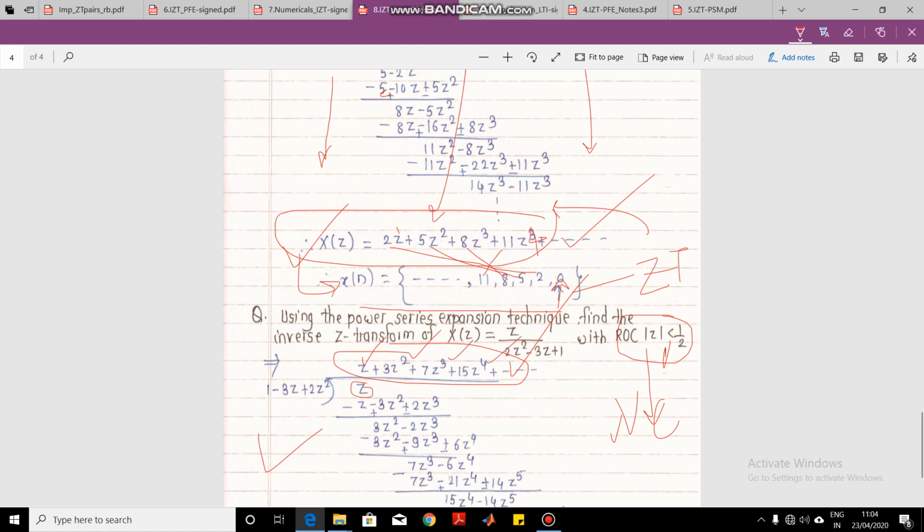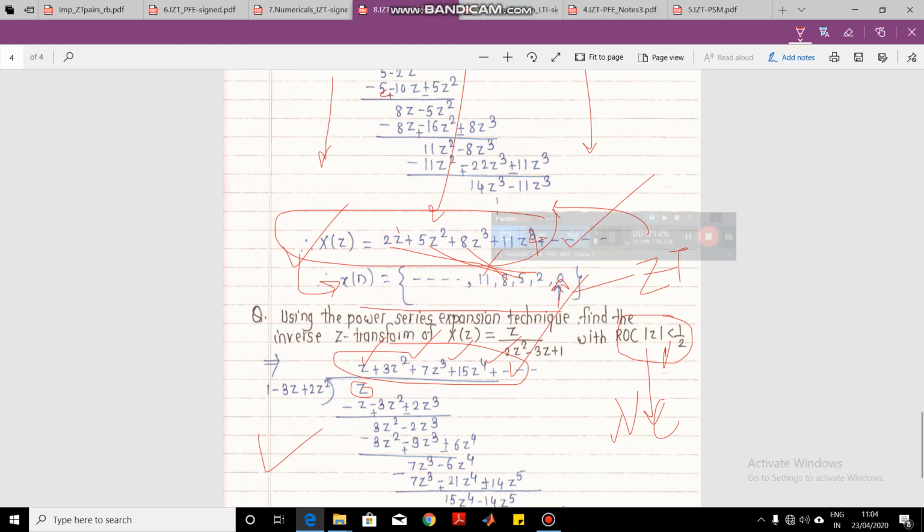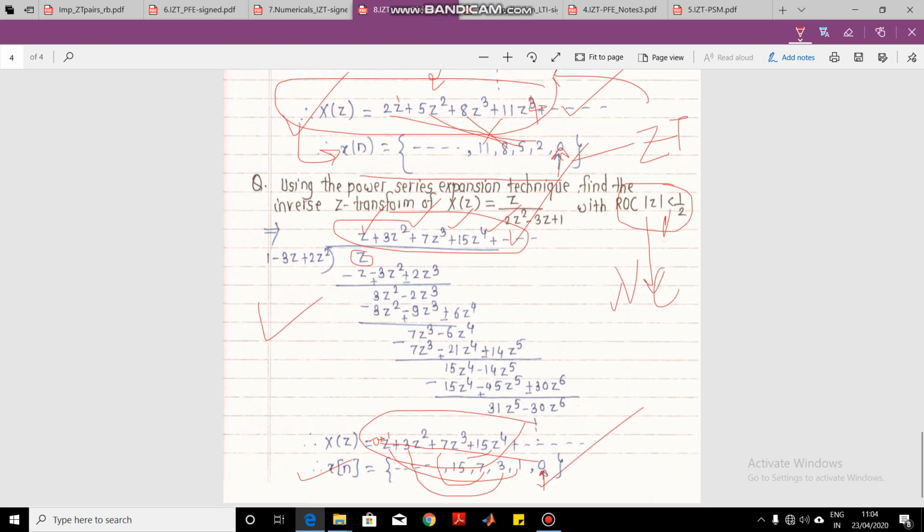So depending upon whether it is a causal or an anti-causal sequence, our main focus should be on getting positive or negative powers of z in the quotient. Whenever it is a non-causal or anti-causal sequence, you should get the positive powers of z, and when it is a causal sequence, you should get the negative powers of z. So this is how we do the long division method.